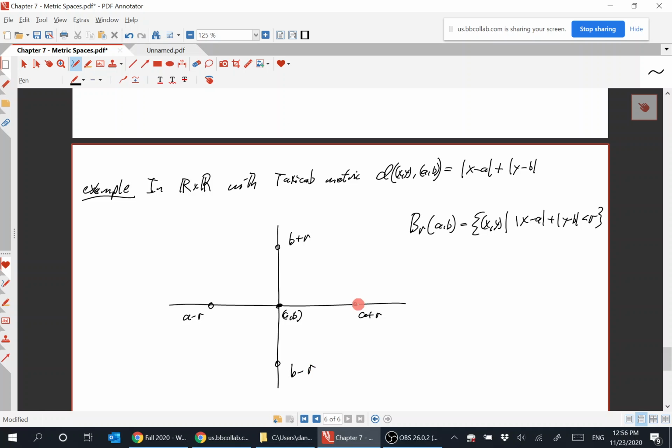I don't think I quite got it right. And then all along this line here, yeah, it's not quite right. How can I get this drawing to work? Let me see.